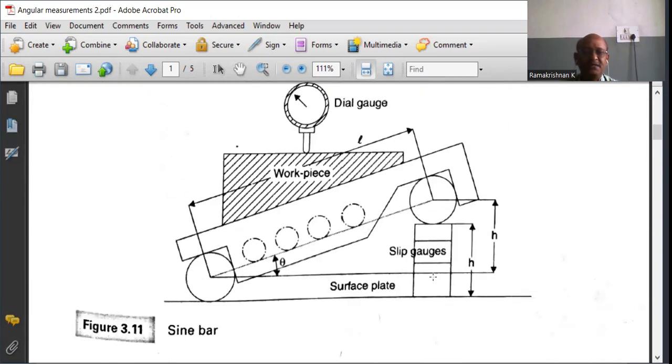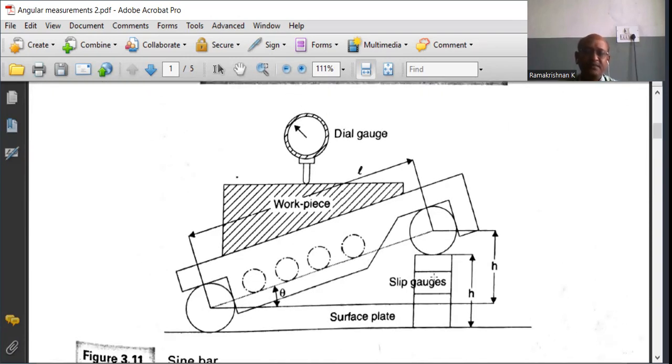Now let us consider the working of the sine bar to determine the angle of a surface. Now the sine bar is kept over the surface plate. Next, over the surface of the sine bar, the workpiece for which the angle is to be measured is kept on the upper surface of the sine bar.